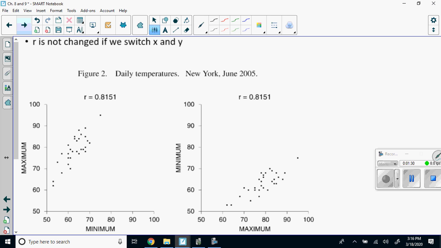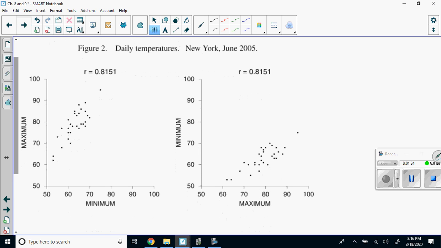So if I have daily temperatures, these are daily temperatures for New York from June 2005. And the x and y axis are switched. So the minimum got moved to the maximum and maximum got moved to the minimum when we made this video.